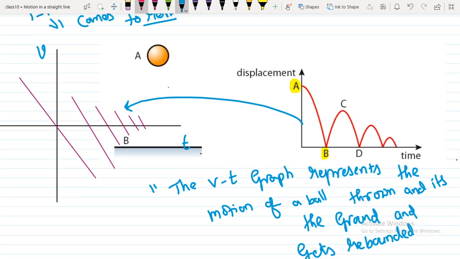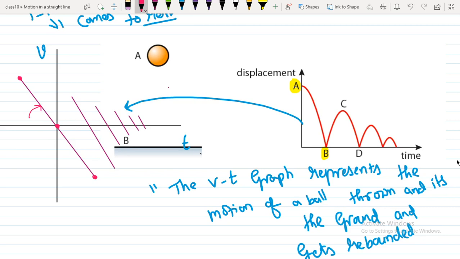If you look at the first line carefully, here the velocity is maximum. So the ball has maximum velocity, then here the ball has minimum velocity, at 0. Now from 0 the velocity goes to negative, which means the magnitude is increasing.